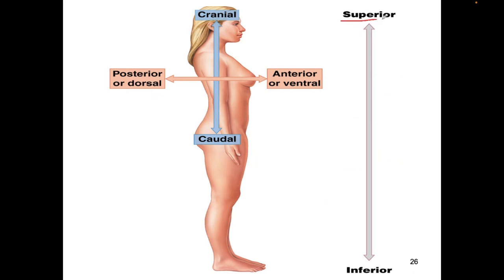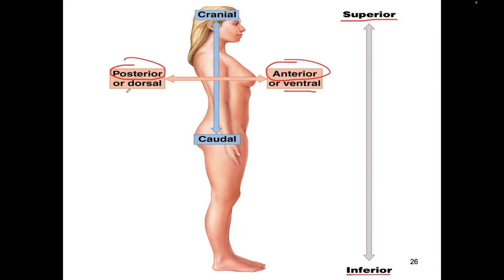Again, in reference to the entire body, superior and inferior, when we're talking about the trunk, everything in the center here, excluding the extremities, when you're moving to the front, you're moving anteriorly. When you're moving to the back, you're moving posteriorly. AKA for anterior, it's also known as ventral.